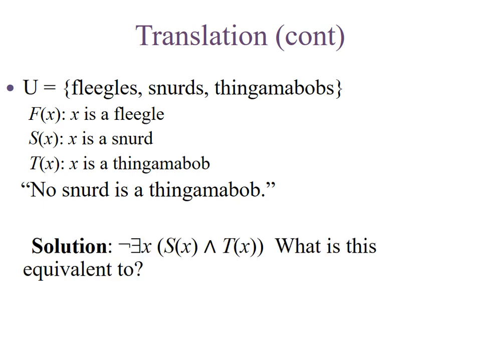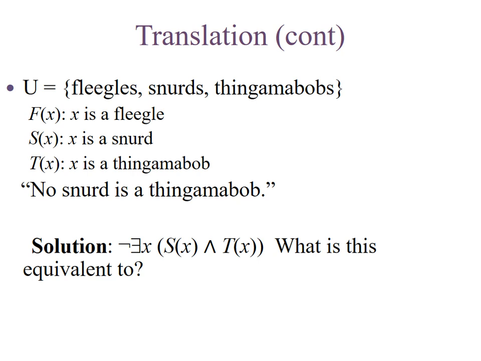The first answer is there does not exist x such that N of x and P of x. Because this means there doesn't exist any x that is a nerd and is a sigma bar. That means no nerd is a sigma bar.